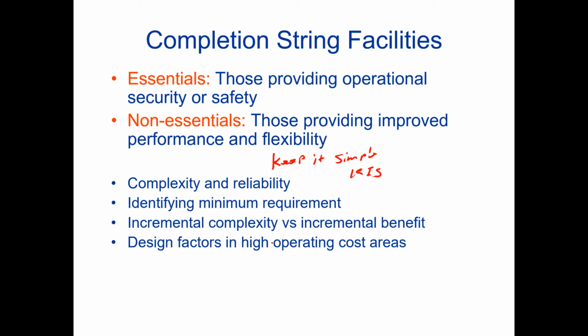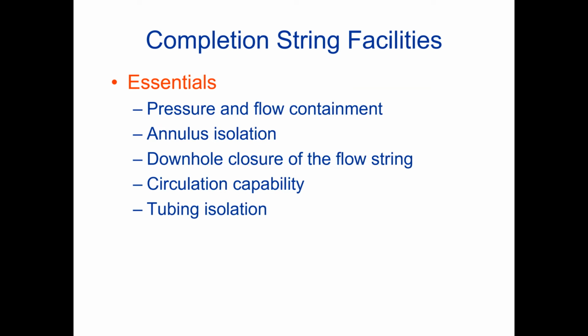Because if you make it more complex, there is more chance of failure, and the failure is very expensive. So essential is pressure and flow containment, annular isolation, downhole corrosion closure, circulation, and tubing isolation.